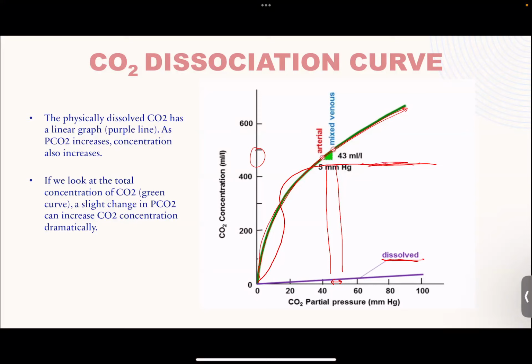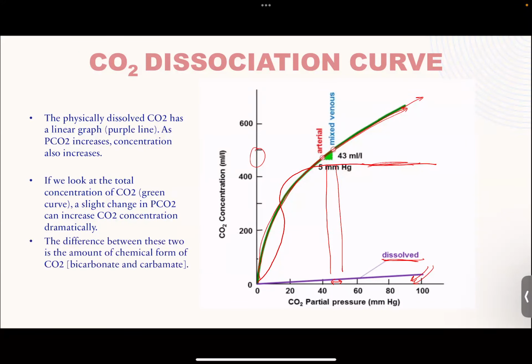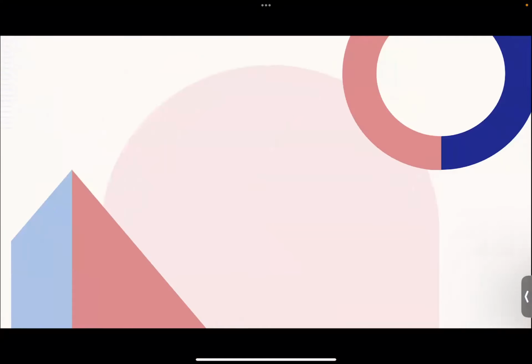So remember when we said when we add more oxygen to the oxygen binding curve, it's going to start adding into the physically dissolved graph, and the rest of it is just going to parallelly follow. But here, you see how this graph is going to keep going this way, okay? The difference between these two is the amount of the chemical form, and we know that.